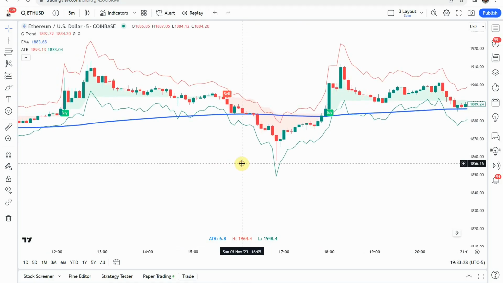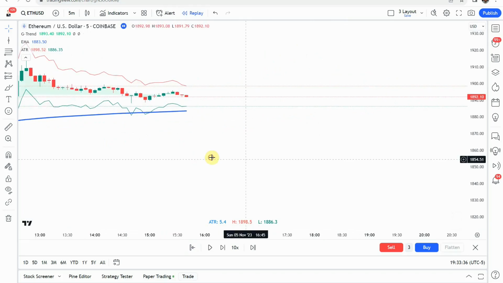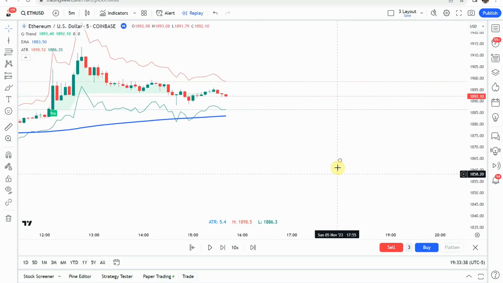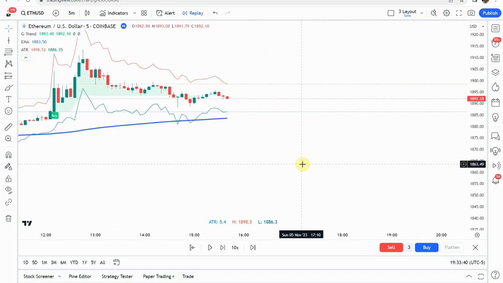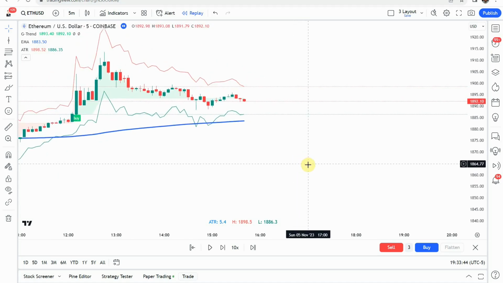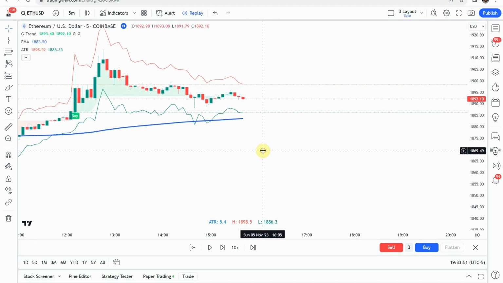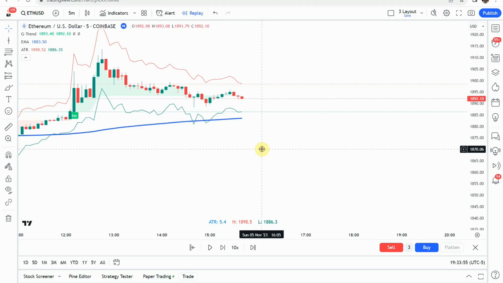Now, it sounds a little counterintuitive to what most people will outline or say how to use the 200 period. But when you are scalping, and this is what the source video says, when you are scalping on a lower time frame, if you wait for the cross of the 200 period EMA, then you are actually waiting too long. You want to buy as early as you can and get out as fast as you can.